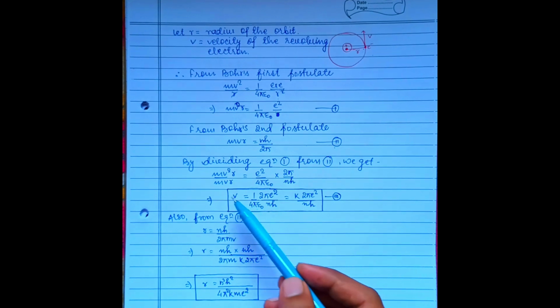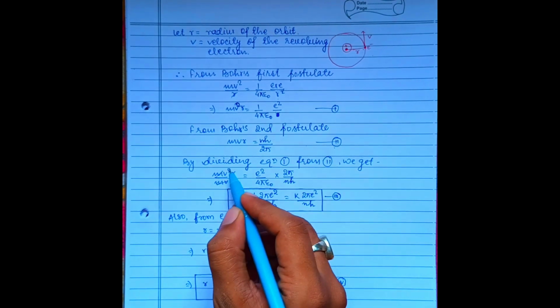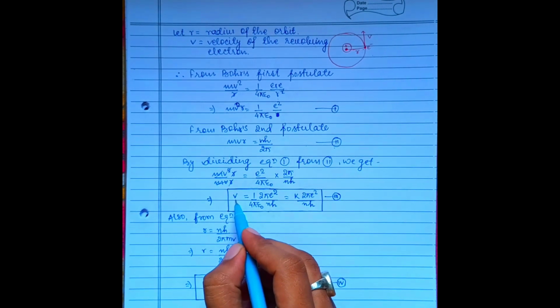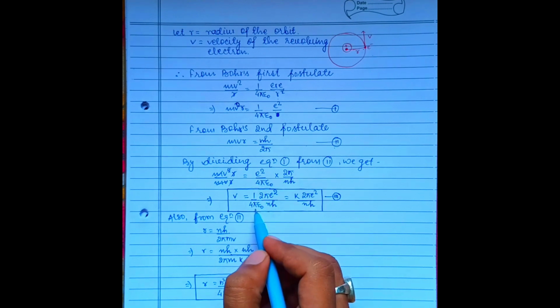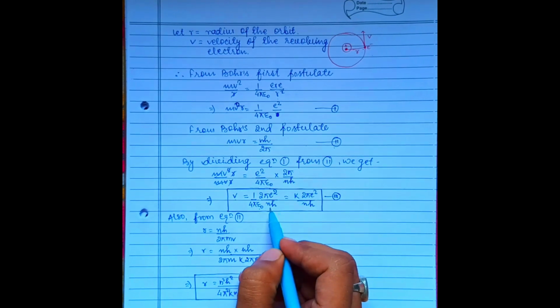What do we get? The mv and mv, the r and r get cancelled, so we are left with v only, that is 1 by 4 pi epsilon naught 2 pi e square upon nh.